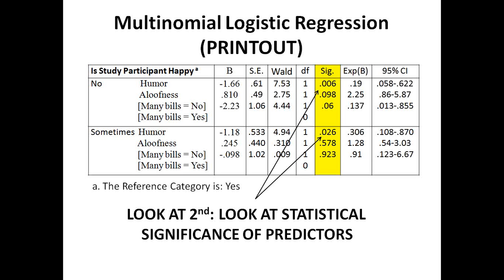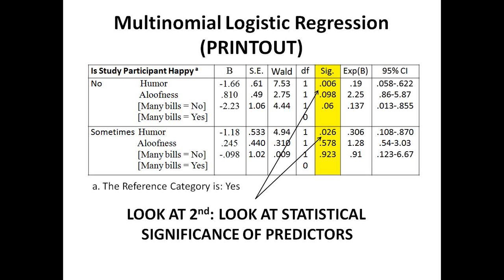So negative meaning less. So what it's saying is, in reference to the reference category, yes, people who are happy, people who indicate no, as in, no, I'm not happy, have significantly less levels of humor. They have less humor, right?